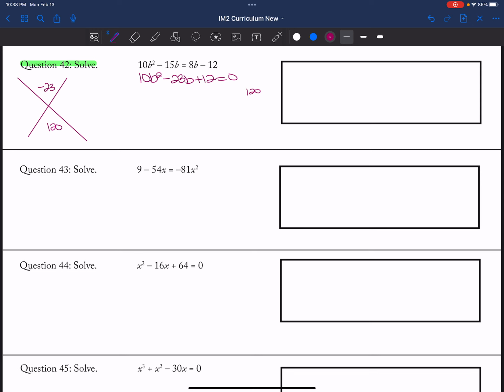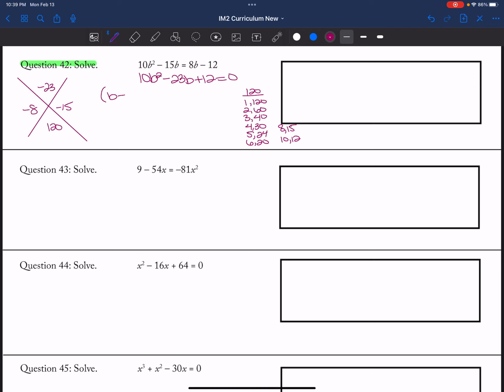So then factors of 120. 1 and 120, 2 and 60, 3 and 40, 4 and 30, 5 and 24. Yeah. 6 and 20, 8 and 15, 10 and 12. Okay, so I want 23. So that's 8 and 15.